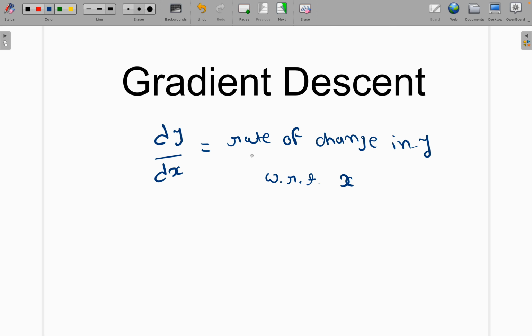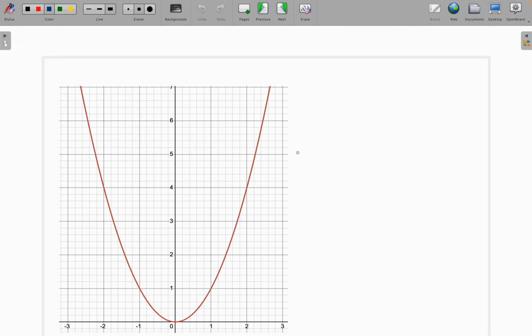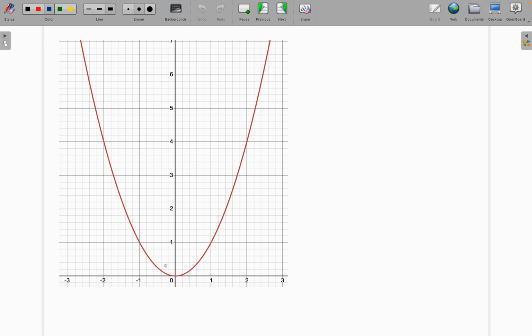So let's understand it from the geometric point of view. Let's say I have this function and I plotted it, y is equal to some function of x. It could be any parabola, like y is equal to x square or something, but let's understand from this graph. Let's say I have one point here, and the second point is here. So x changes from here to here.